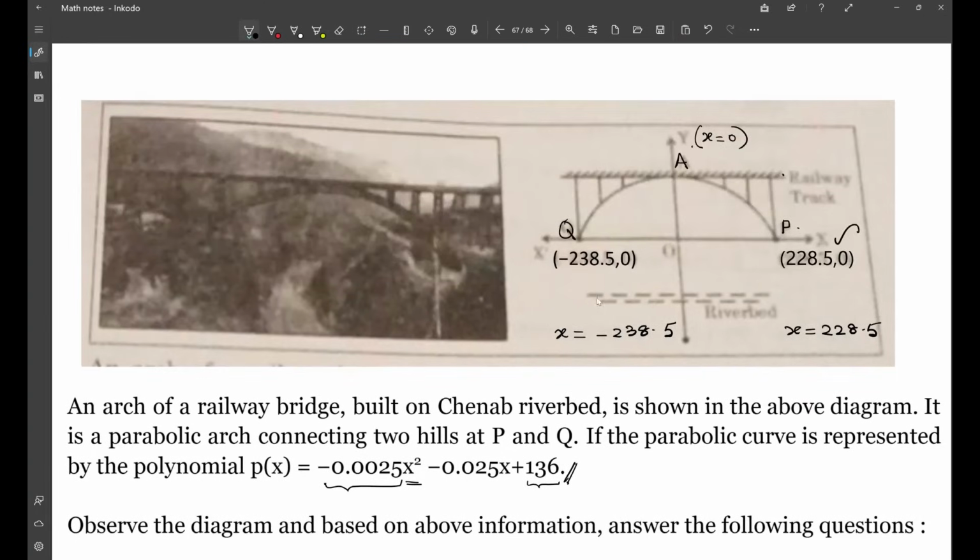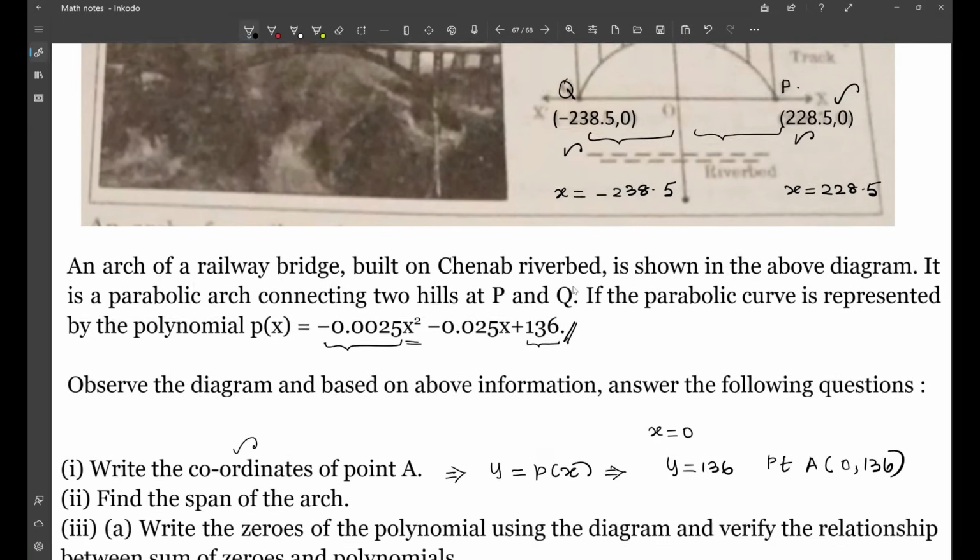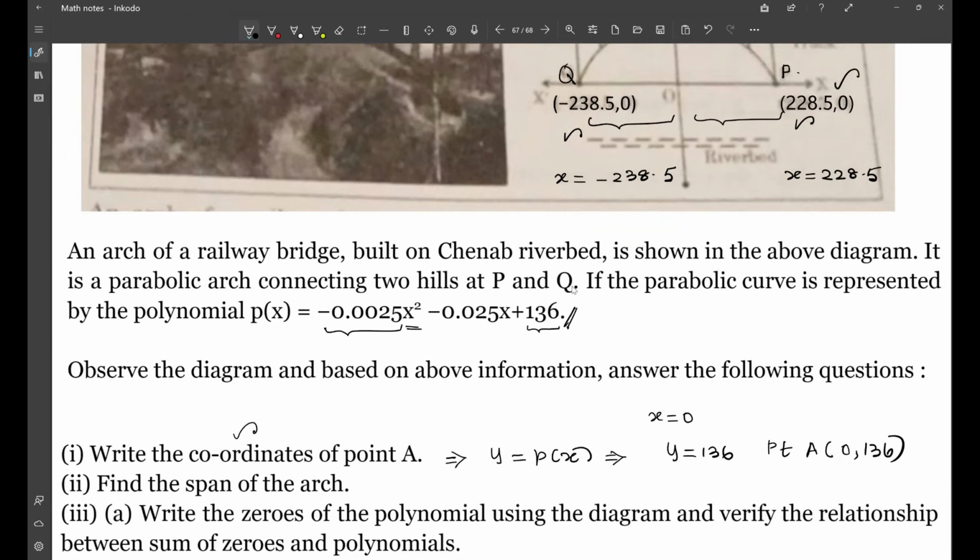The next subdivision, find span of the arch. So the span would be this distance plus this distance. Because we are moving along the same line, the same x-axis, we just have to find what is 228.5 minus of minus 238.5. We don't have to use the distance formula here because the 2 points lie on the same axis, the same line x-axis.